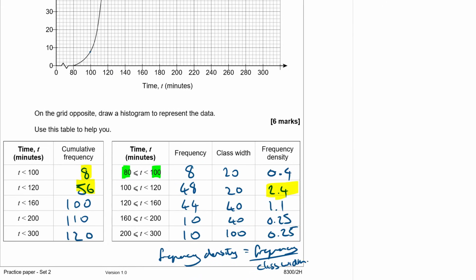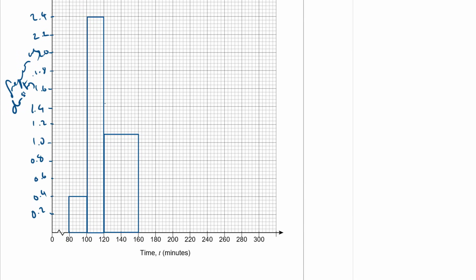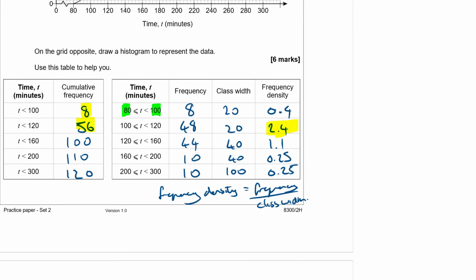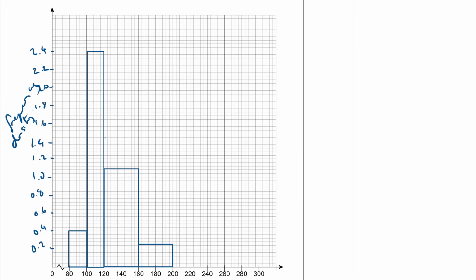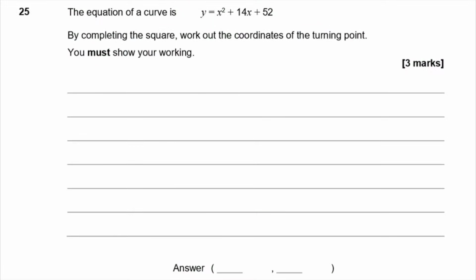The next one is running from 160 to 200, has a height of 0.25. And then finally, well, I've just noticed this one's wrong actually. That should be 10 divided by 100 is 0.1, isn't it? So correcting that, then 200 to 300 at a height of 0.1. So that completes my histogram.